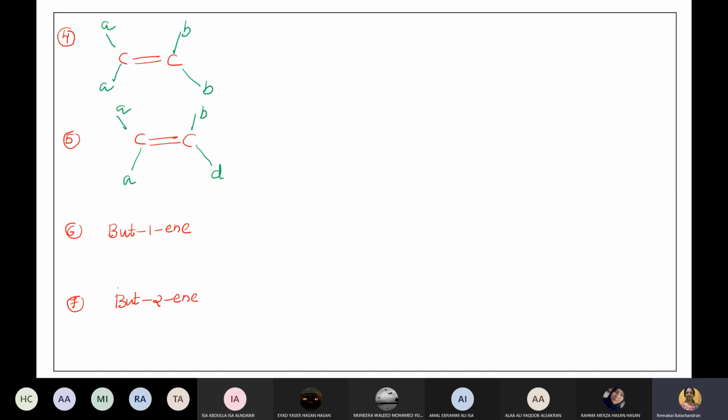Look, but-1-ene. What's the formula? C4H8. Okay, 1-ene is this, right? So satisfy the valency. It will be CH2=CH-CH2-CH3. So does this show geometrical isomerism?